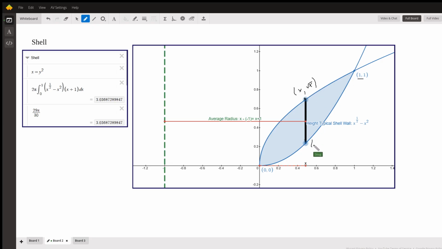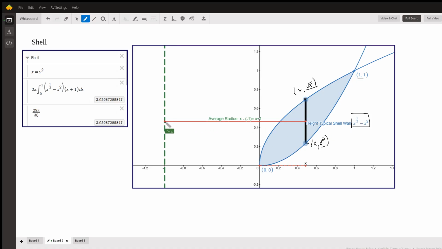And the y coordinate of that point at the bottom of the shell is x squared. And so the height of that shell can be represented by the y coordinate at the top minus the y coordinate at the bottom. So there's an expression for the height of a shell.